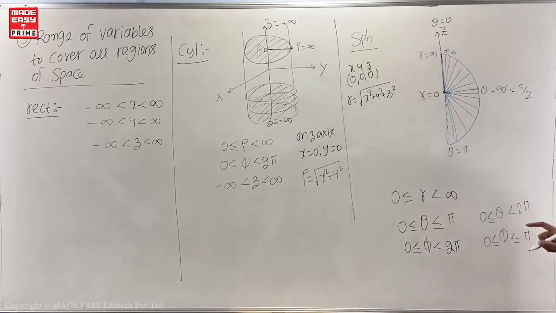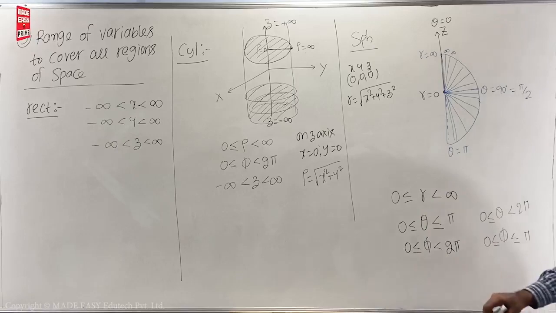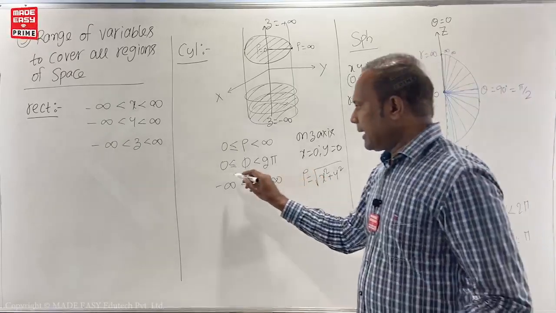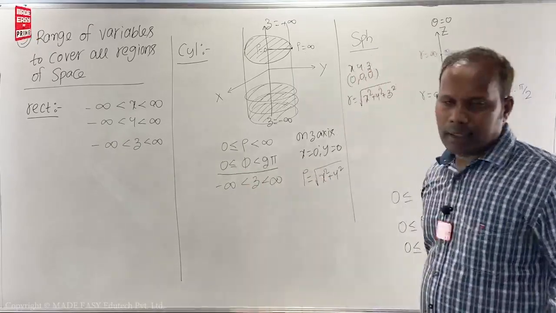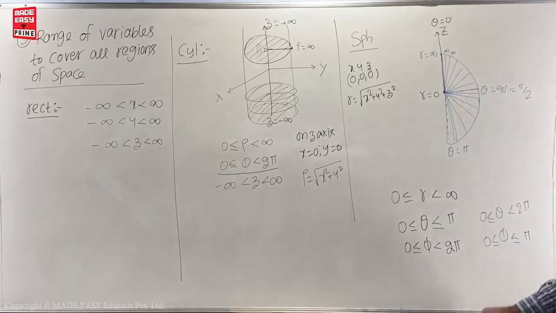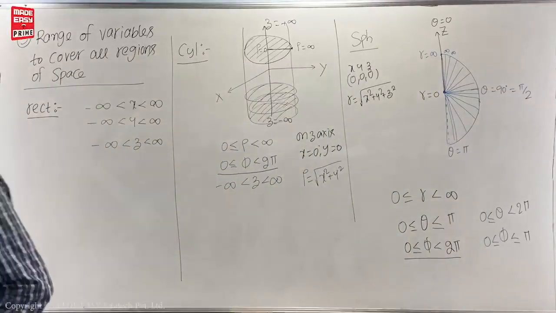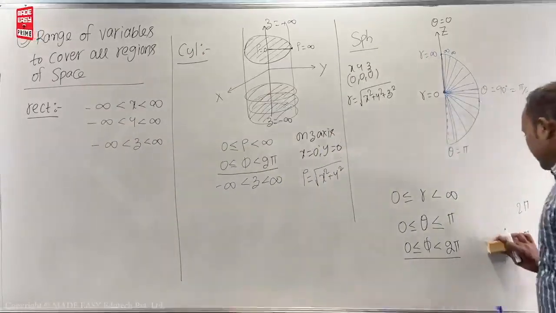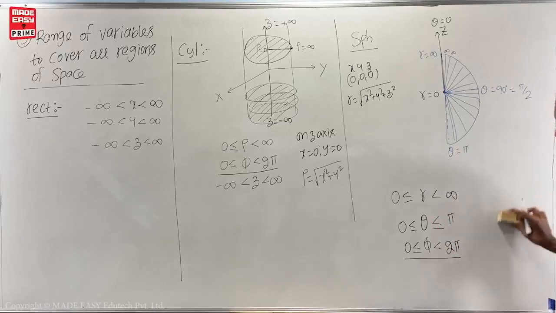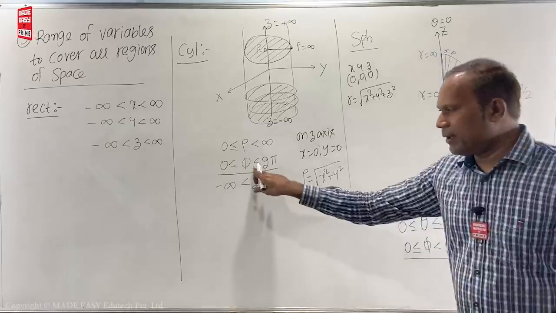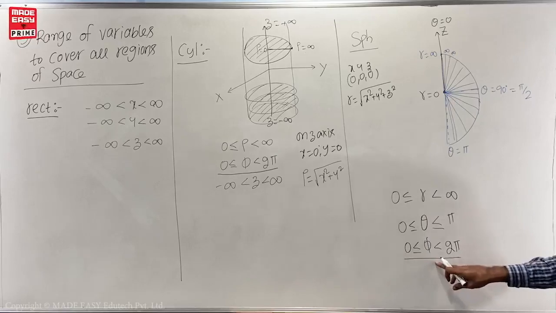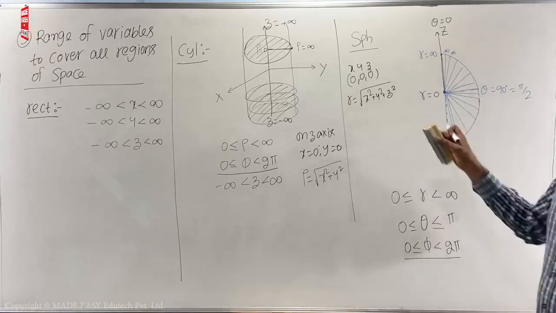One of the angles should be pi, the other angle should be 2 pi. But we will take only this one, because the horizontal angle definition in the circular system and here the horizontal angle definition are the same. So dear students, here horizontal angle pi, here horizontal angle pi, same. That is why we take that range.